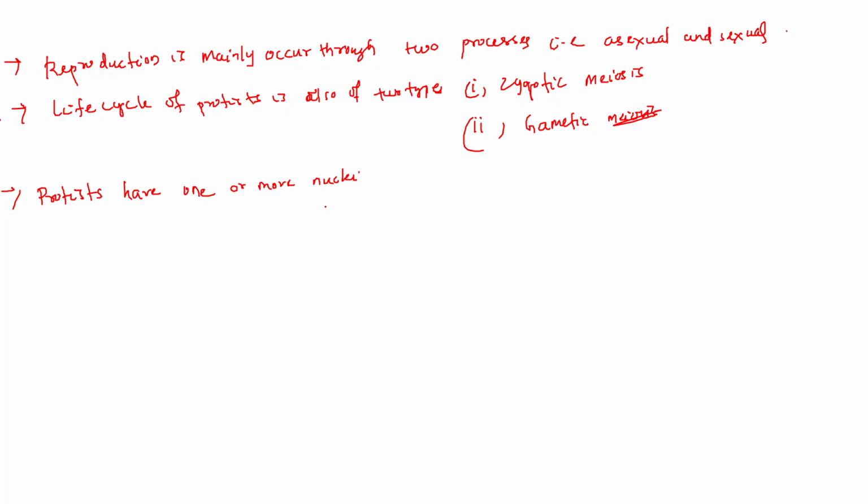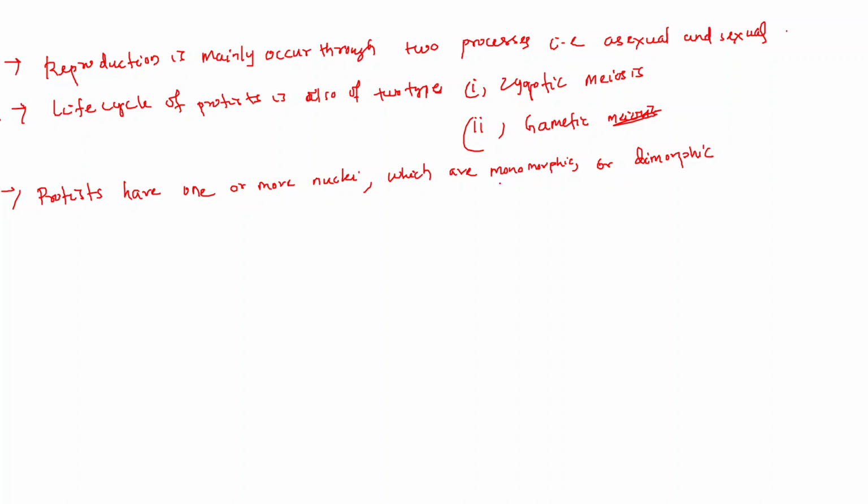Some protists have one nucleus and some protists have more than one nucleus, which are monomorphic or dimorphic.